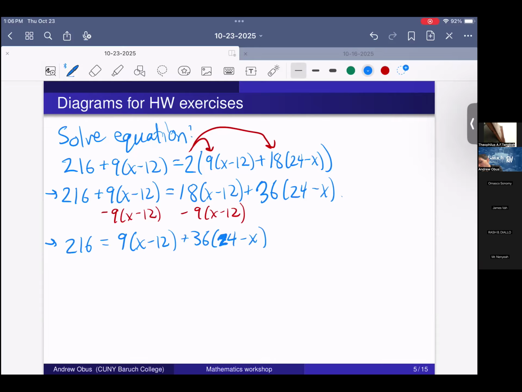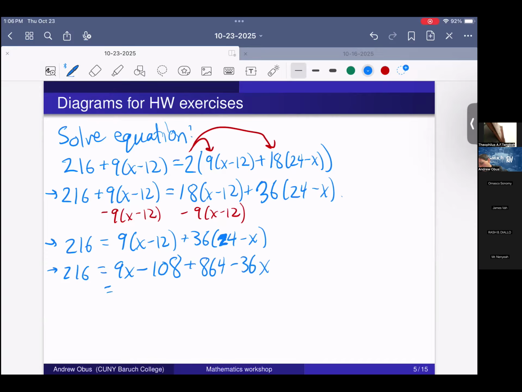And at this point, I'll actually simplify everything out. So this gives me 216 equals 9x minus 108. That's 9 times 12. And then plus 36 times 24 is, so 36 times 25 would be 900, so you got to subtract that. So that would be 864 minus 36x.